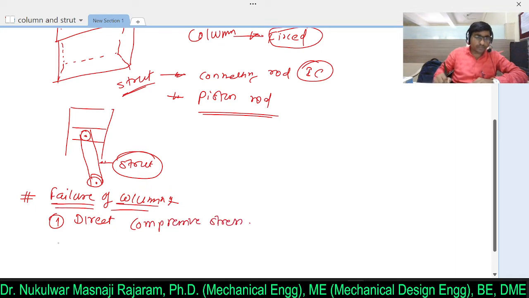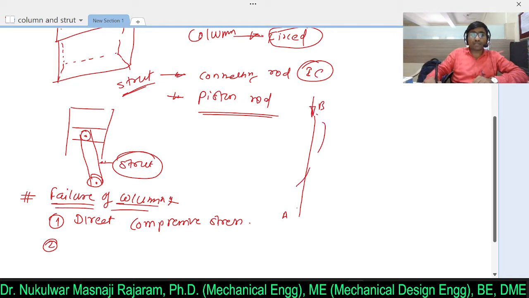Clear? Now if the column length is more, here if I draw this diagram, let's say this is one column, let's say AB is the column. If you observe, the length of the column is more as compared to the lateral direction, then if you apply any force over here, what will happen?